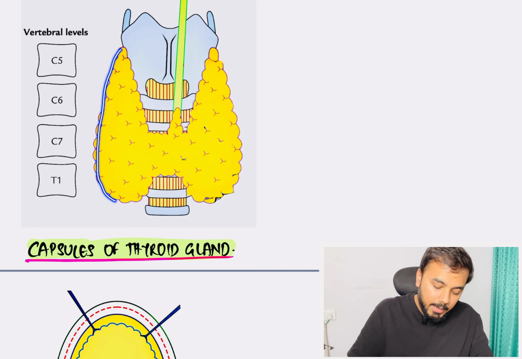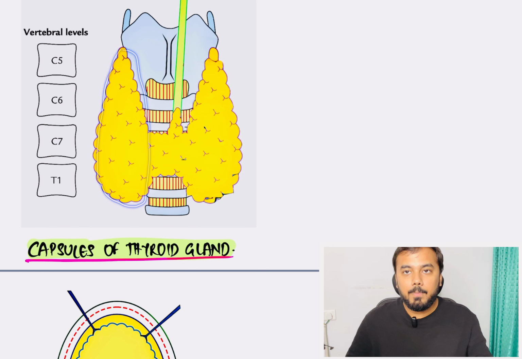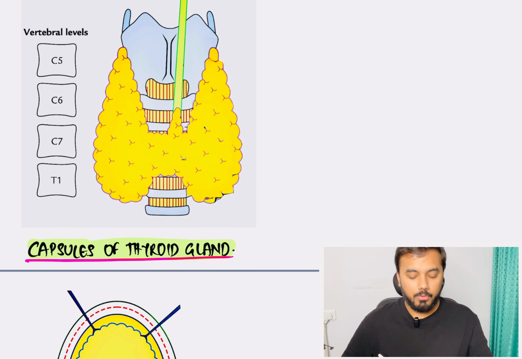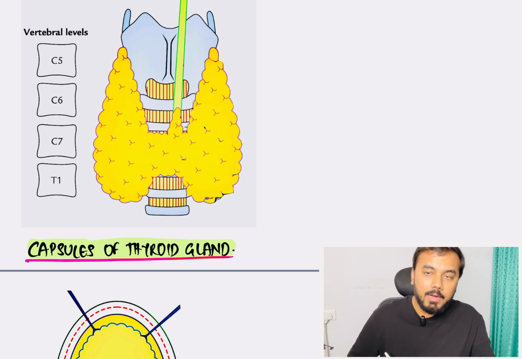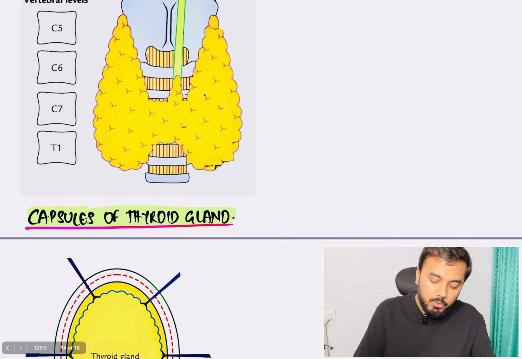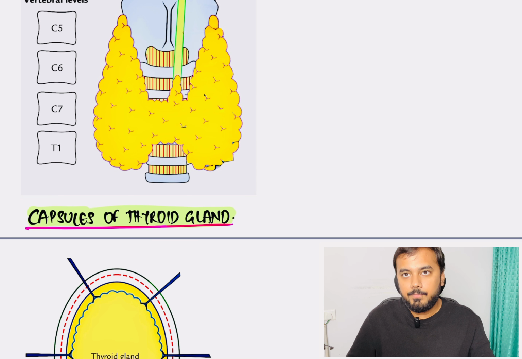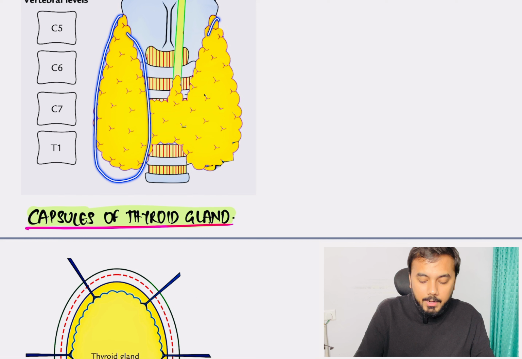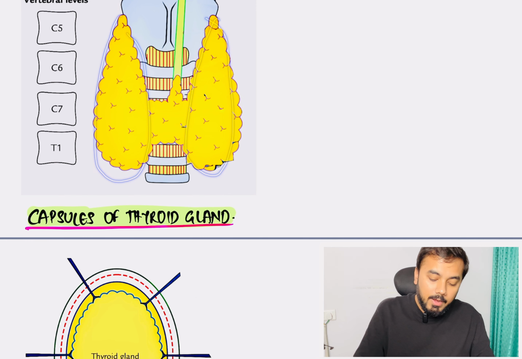This is your right lobe of the thyroid gland. This is your left lobe. Connecting your right and left lobes, you have this particular part. This is called the isthmus. So we have the right lobe, the left lobe, and another important thing called the isthmus.